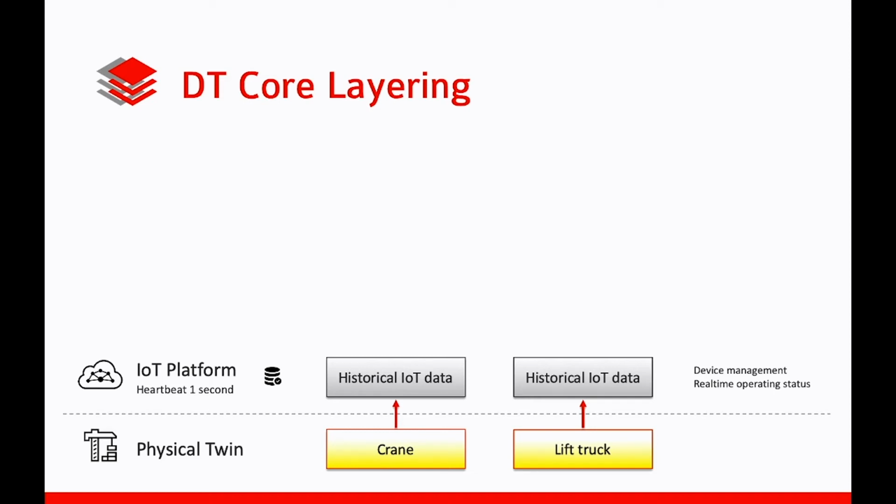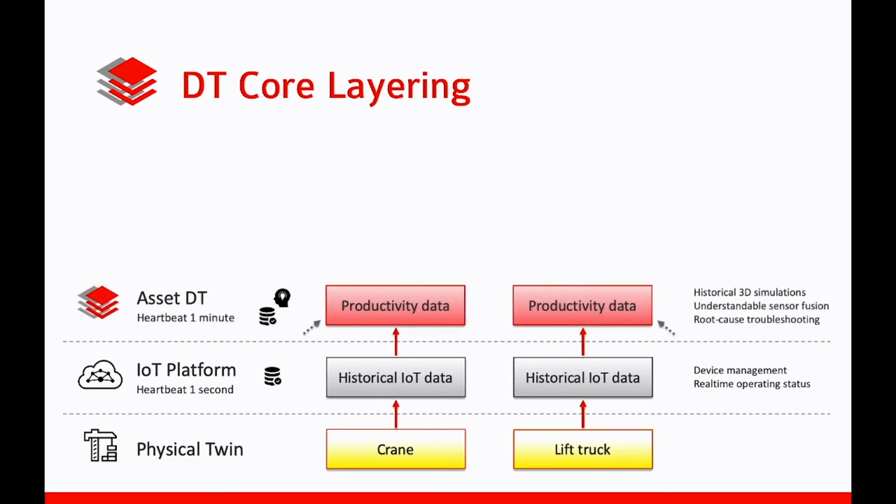And from that data, we can get some benefits, like the real-time operating status, put that on some dashboards, or do some device management, so on a quite low level. But now, using the DT core, we can build the first level of digital twin. That's an asset DT.